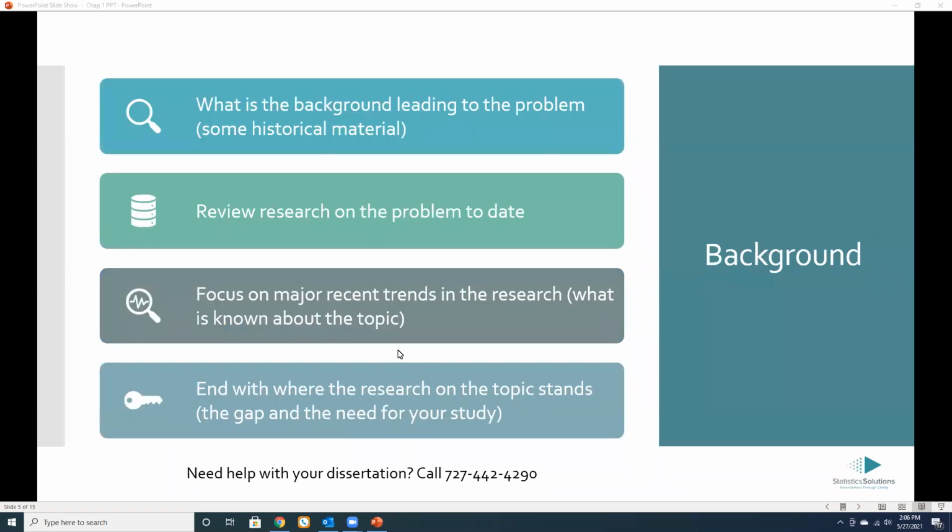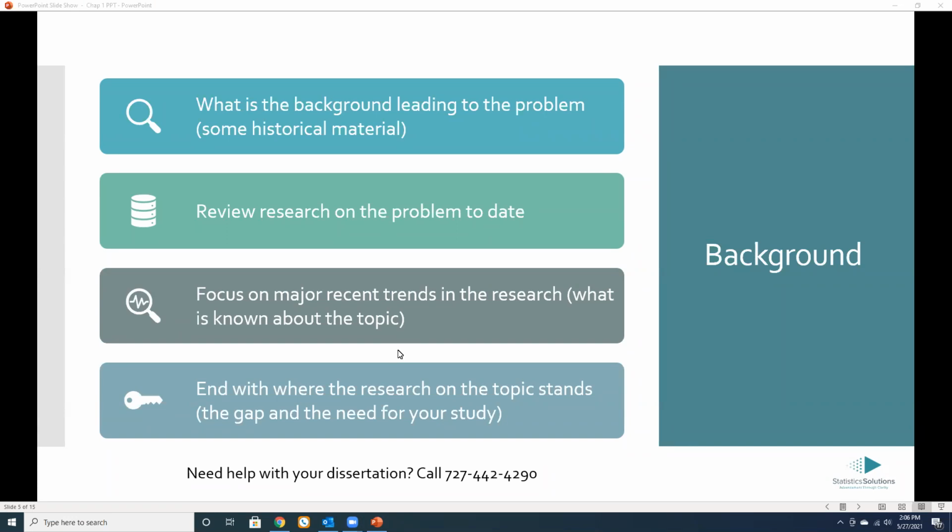Okay, the background section is usually next, and this is where you can get into more depth about the research that's been conducted on the topic, what the problem is, where the problem comes from. Right, so it's a little bit historical. You don't want to spend a lot of time in the history of the problem, though, or in the history of the research.